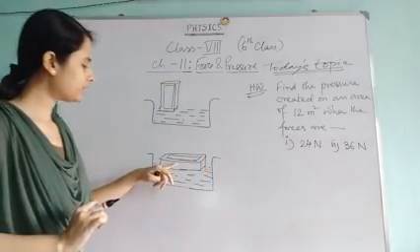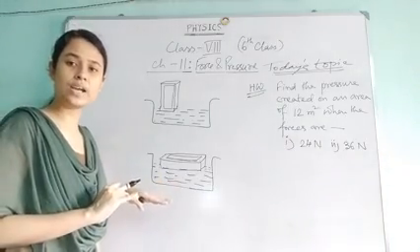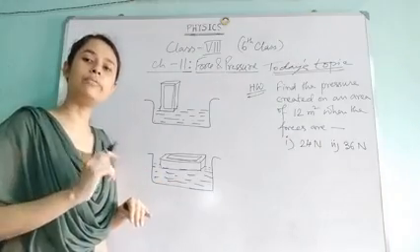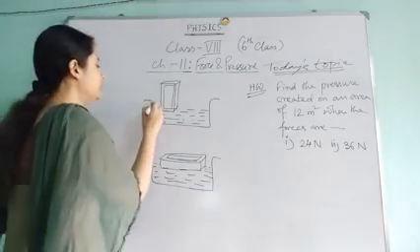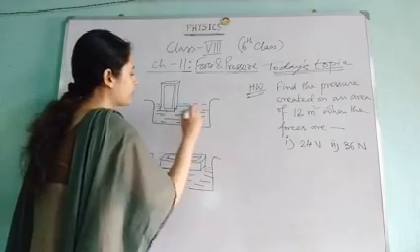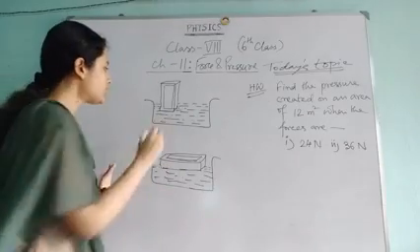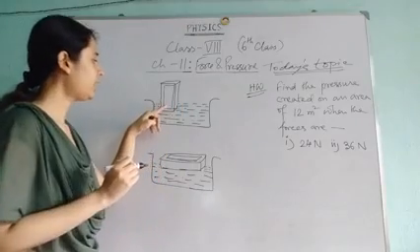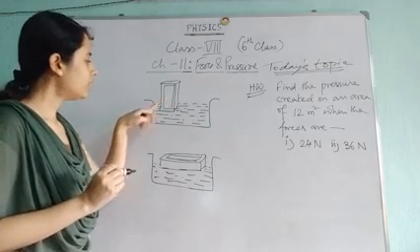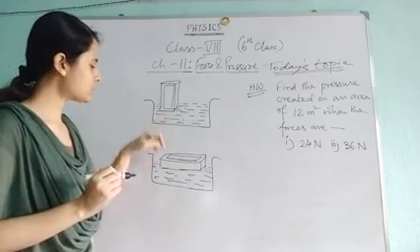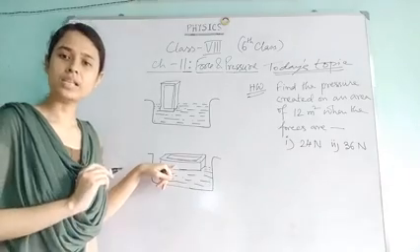When you keep the brick like this, the depth of the depression produced in the sand tray will be much smaller compared to this one. Why? You all know the answer. Because the area is much smaller for this case, whereas the area is much bigger for this one.